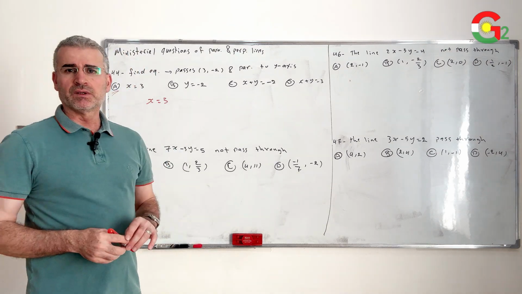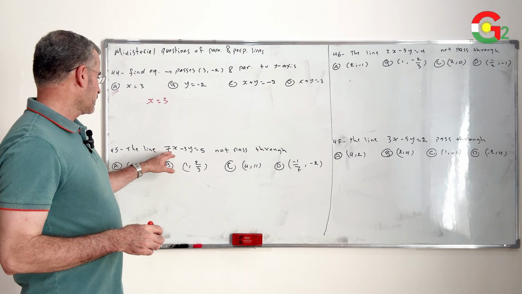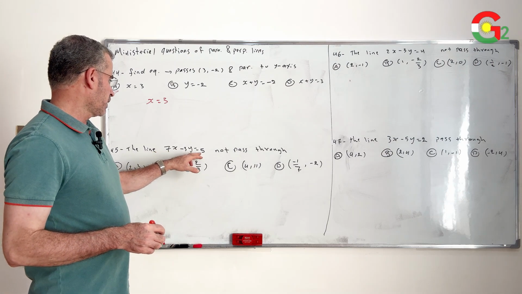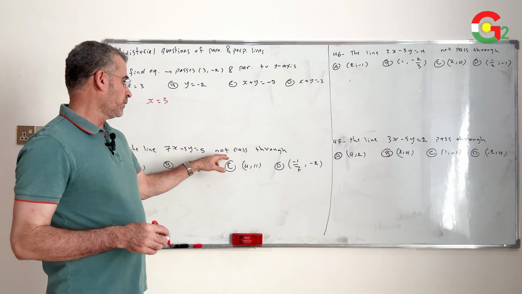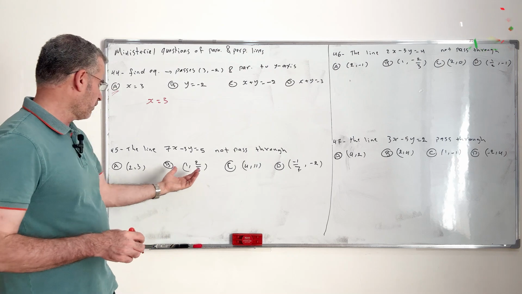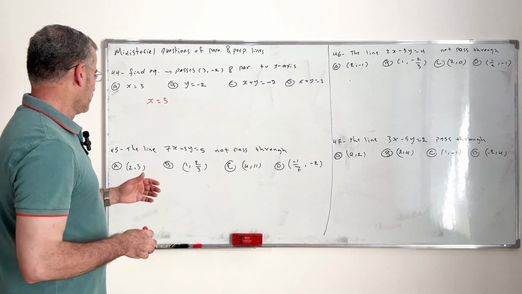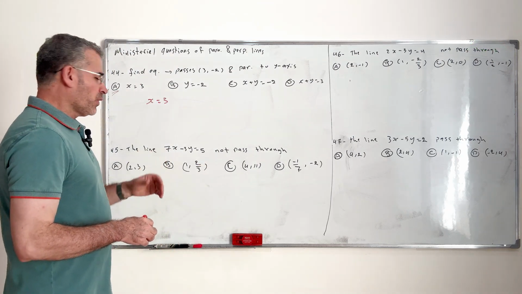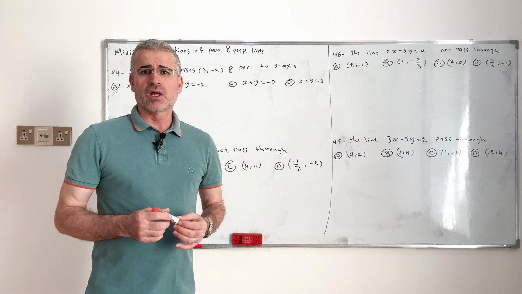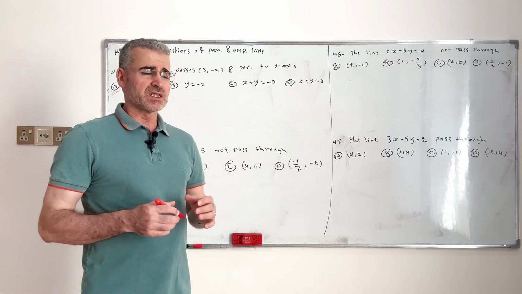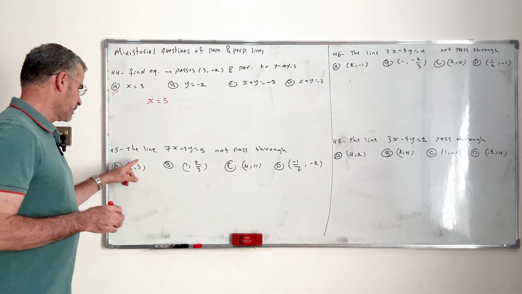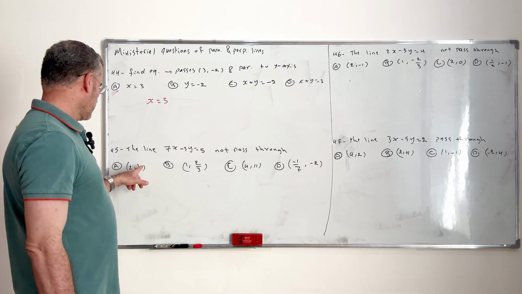Question number 45. The line 7x - 3y = 5 does not pass through which of the following points? Every point the line passes through should satisfy the equation of the line. Let me check it one by one.